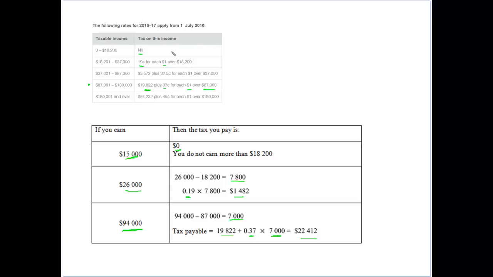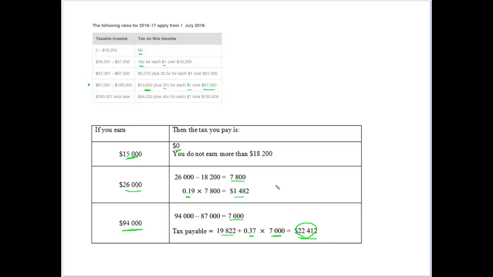And for every dollar before 18,200, we paid no tax. So this person here paid no tax for the first 18,200. Even though they paid this amount of money in the end, their taxation for the first $18,000 was zero.